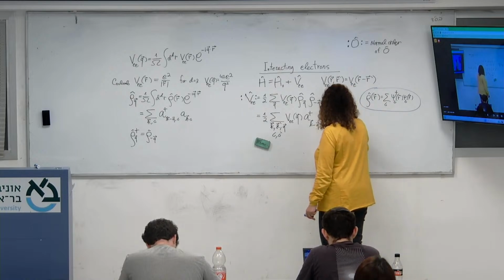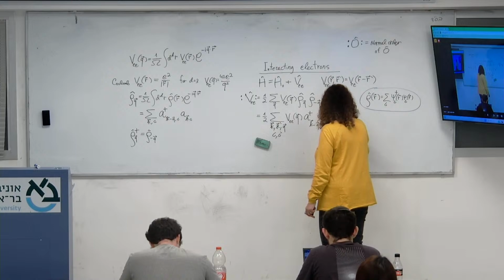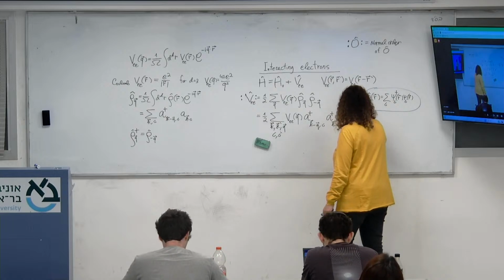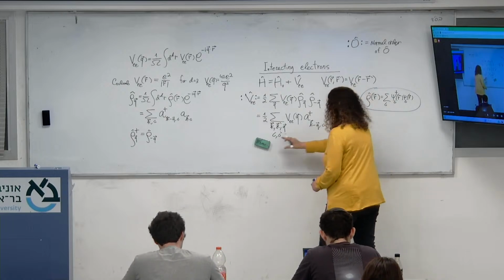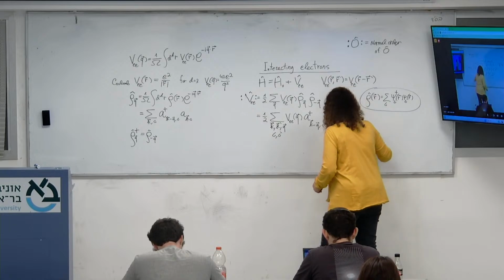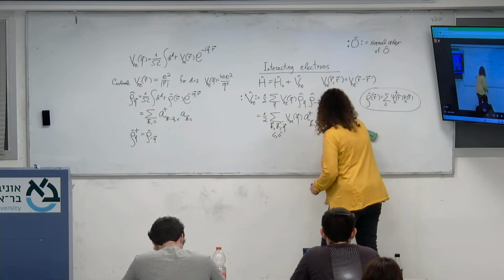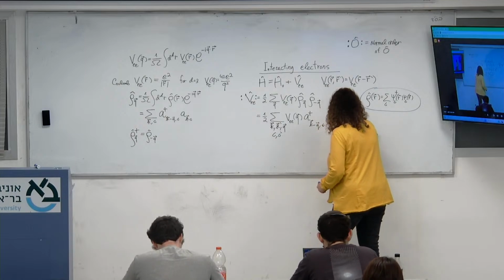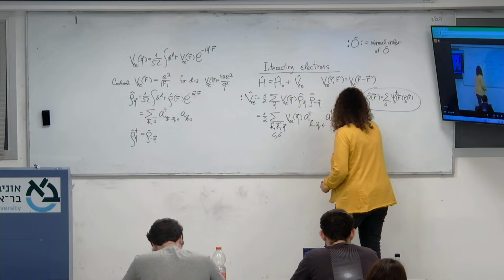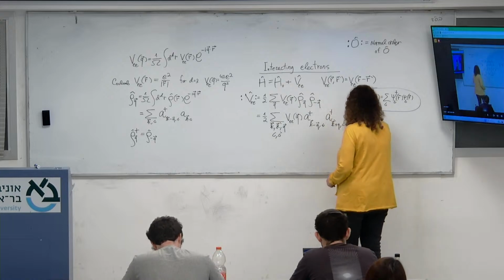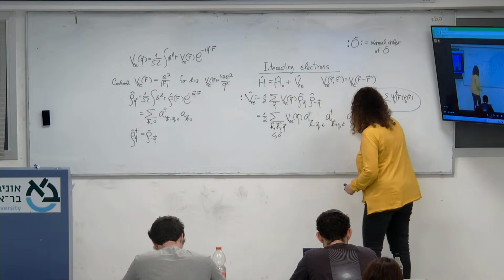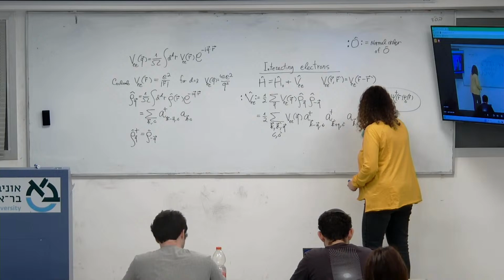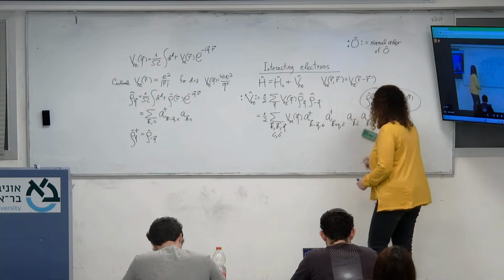A dagger K prime plus Q sigma prime, sorry, A dagger of K prime plus Q sigma prime, and then A K prime sigma prime, A K sigma.